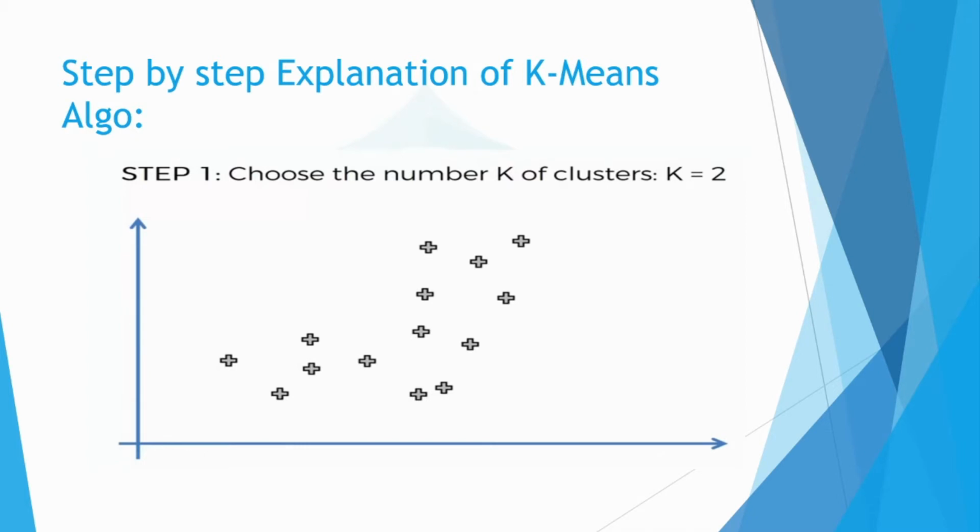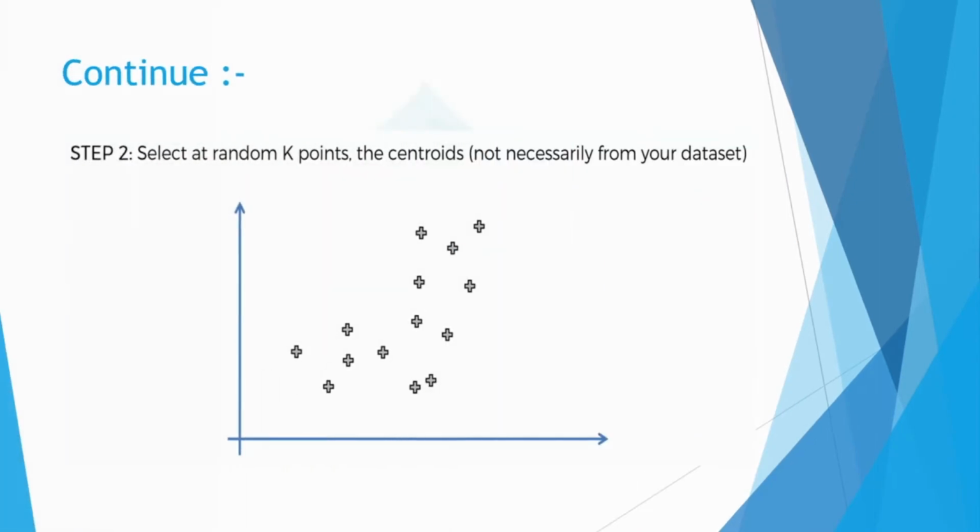Step number one is to choose the number k of clusters, and here we are taking k equal to 2. This is an arbitrary number. You can choose as many clusters as you want. After this, step 2 is to select at random k points, the centroids.